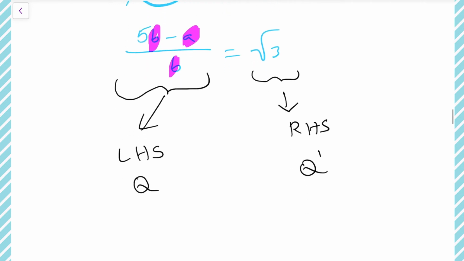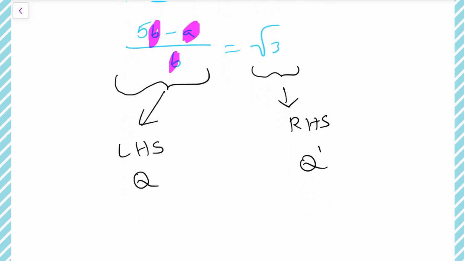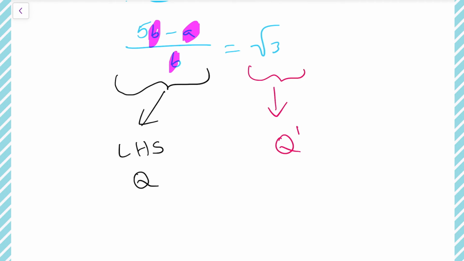Now, if I think this LHS is a rational number, then definitely RHS is also a rational number only, because LHS is equal to RHS. If LHS is an irrational number, RHS is also an irrational number. But in this case, it is not happening like that. LHS is a rational number, but RHS is an irrational number.